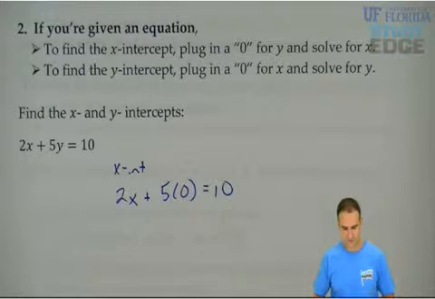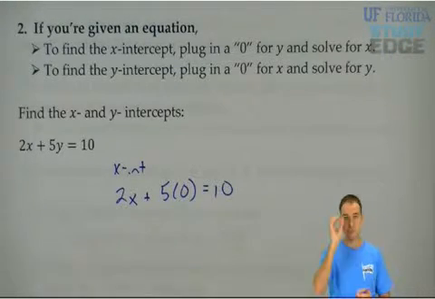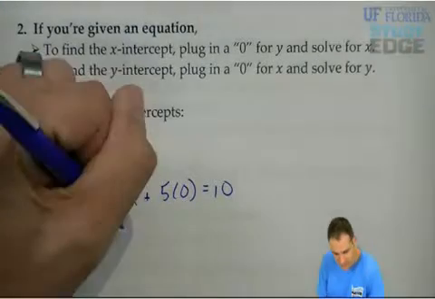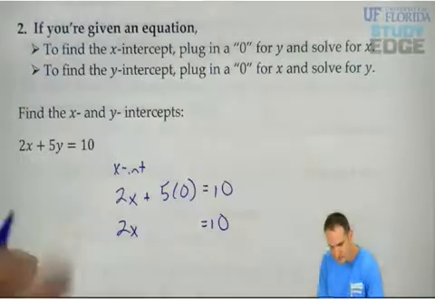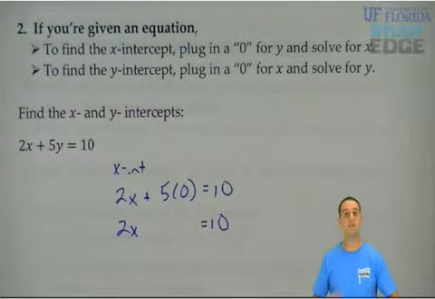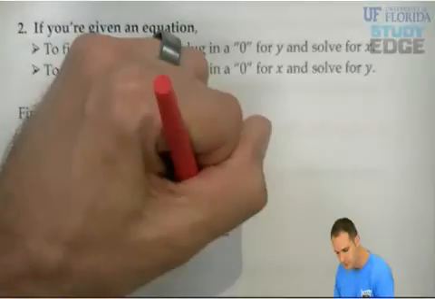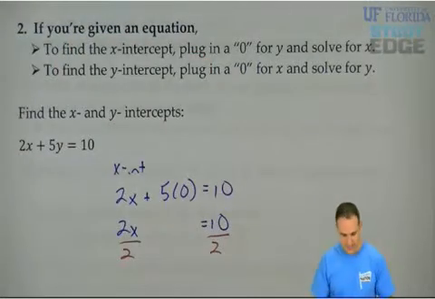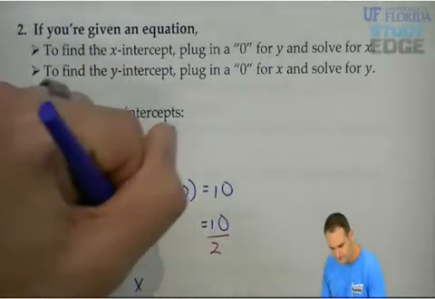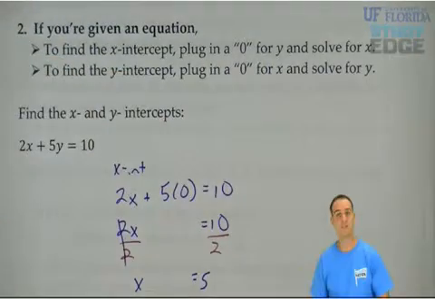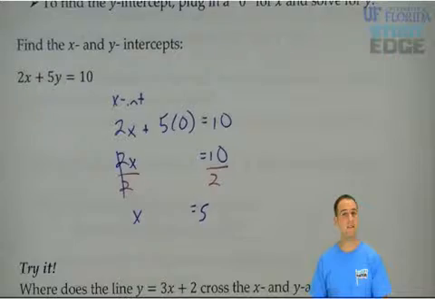Solve for x. 5 times 0 is 0, so it's gone, giving you 2x equals 10. The opposite of 2 times x would be dividing both sides by 2, and that will give you x equals 5, because the 2's simplify.